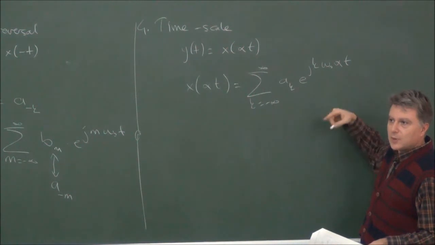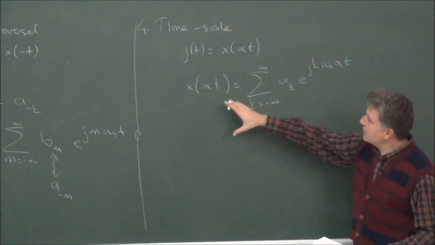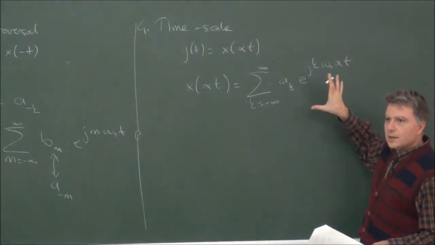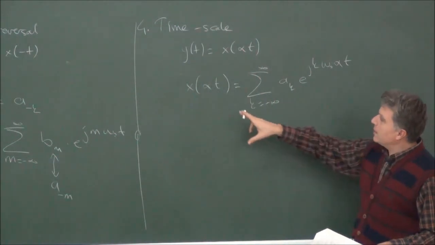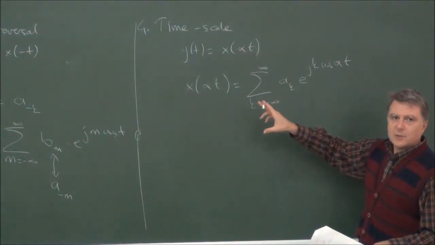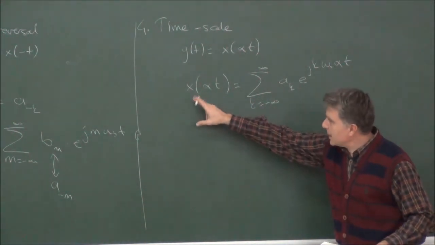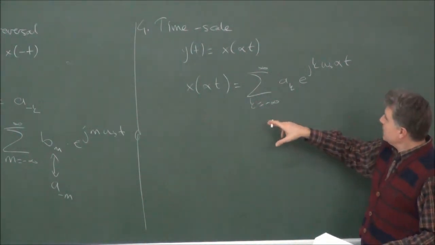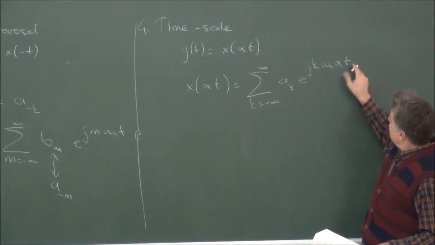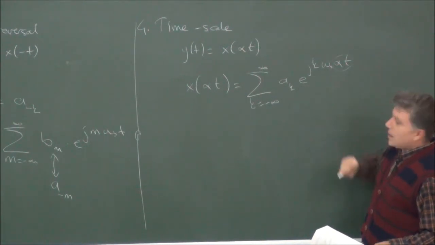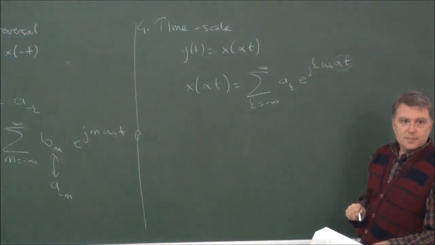You remember that? That was the representation of x of t in terms of the harmonics. Now I'm multiplying all the places where I encounter a t by alpha. So that would make x of alpha t equal to this thing. Instead of t, I put alpha times t.